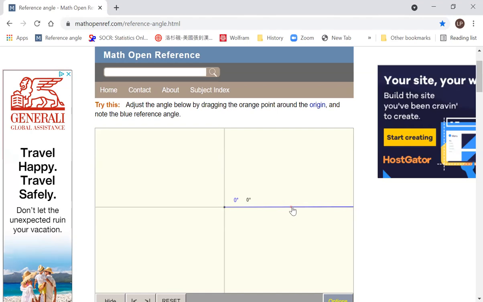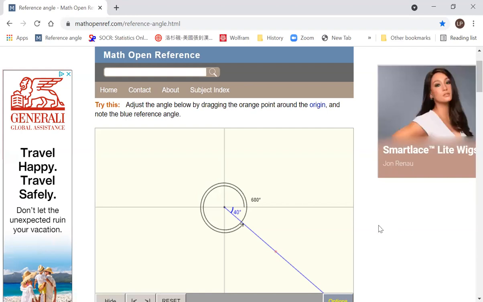From 360, we're going to measure 680 degrees. Are we getting closer and closer? 320 degrees. Is Kelly correct? Yes. Yay, she got it, right?